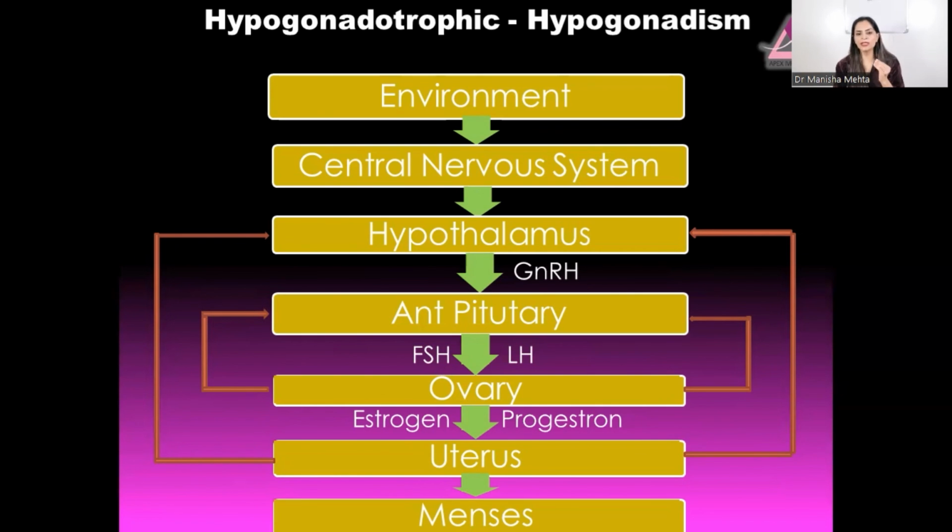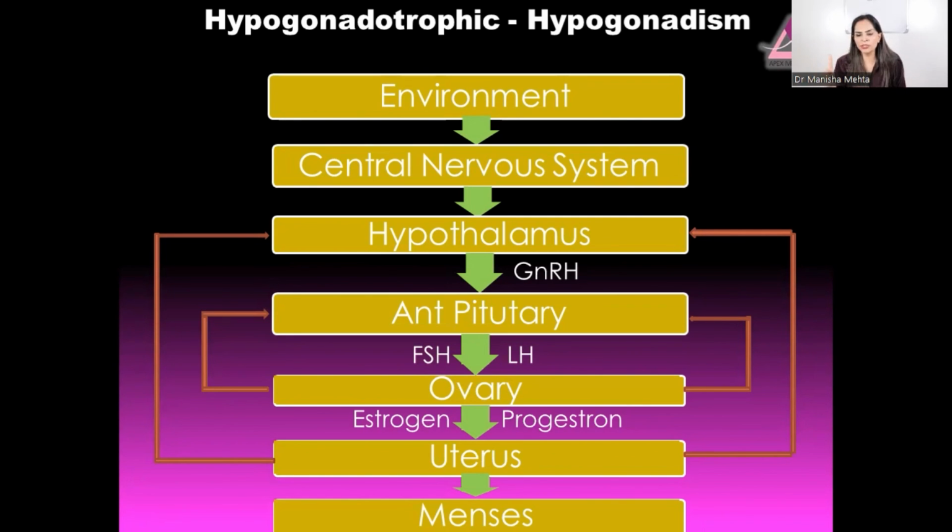And suppose if the serum FSH is low, less than 1, this means that there is some problem at the level of brain. Either the hypothalamus is not functioning or the pituitary is not functioning.